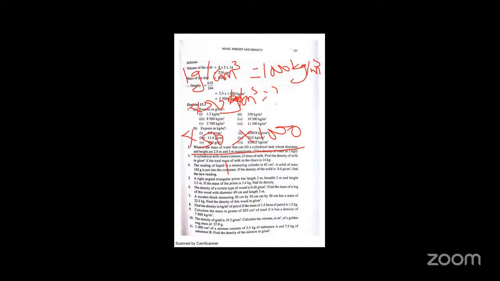So we have our final answer as 450,000 kilograms per cubic meter in the second part. Hope we have followed up to that end and we are okay. Yes, sir. Thank you.